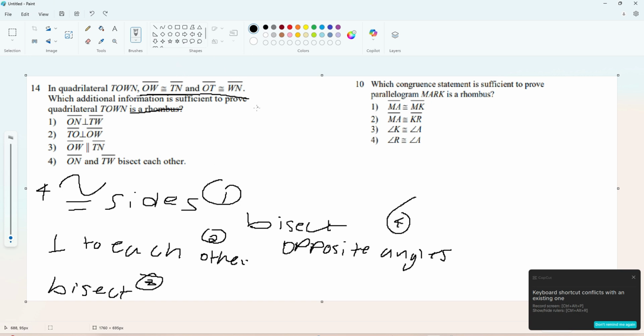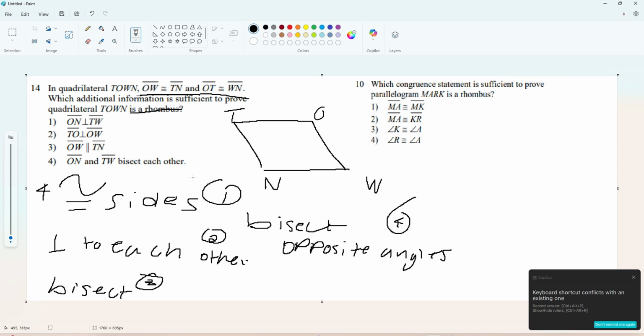So, let's first draw out our quadrilateral to visualize it. Labels T, O, W, and N.